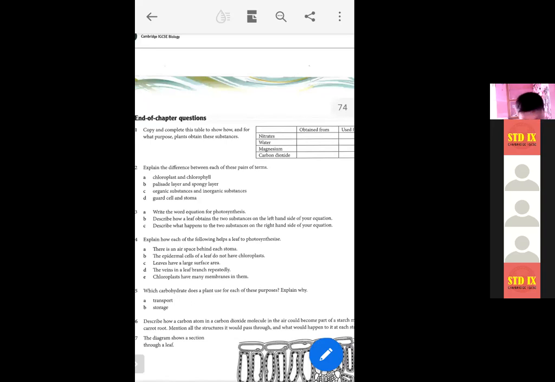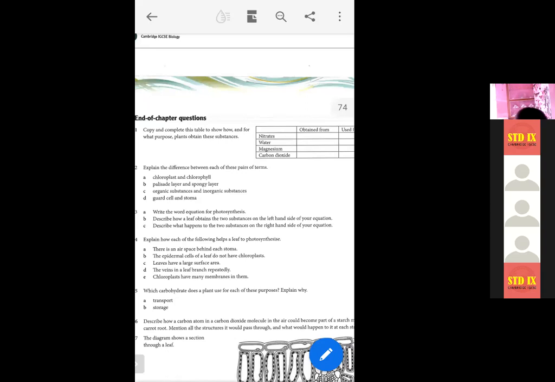So write 4A, the air space behind its stoma helps in the diffusion of carbon dioxide and oxygen.